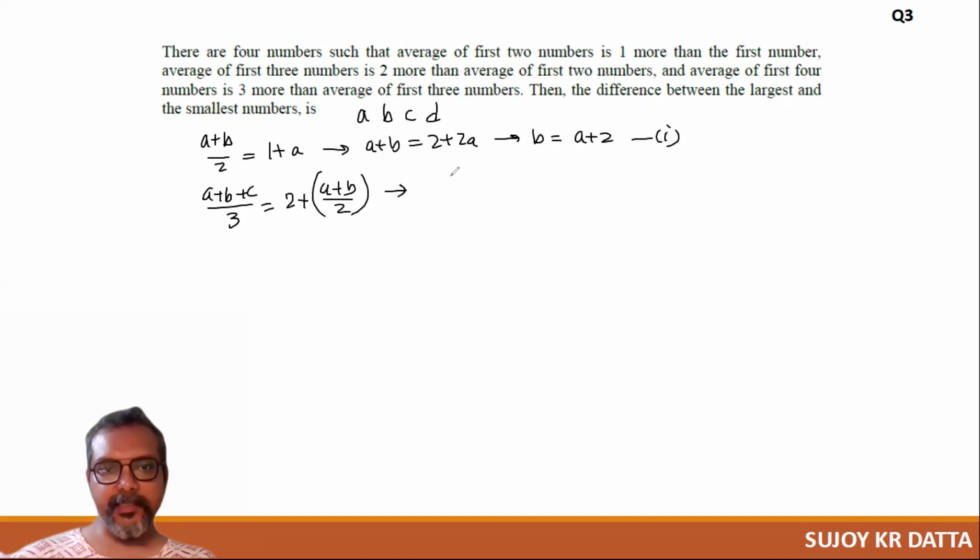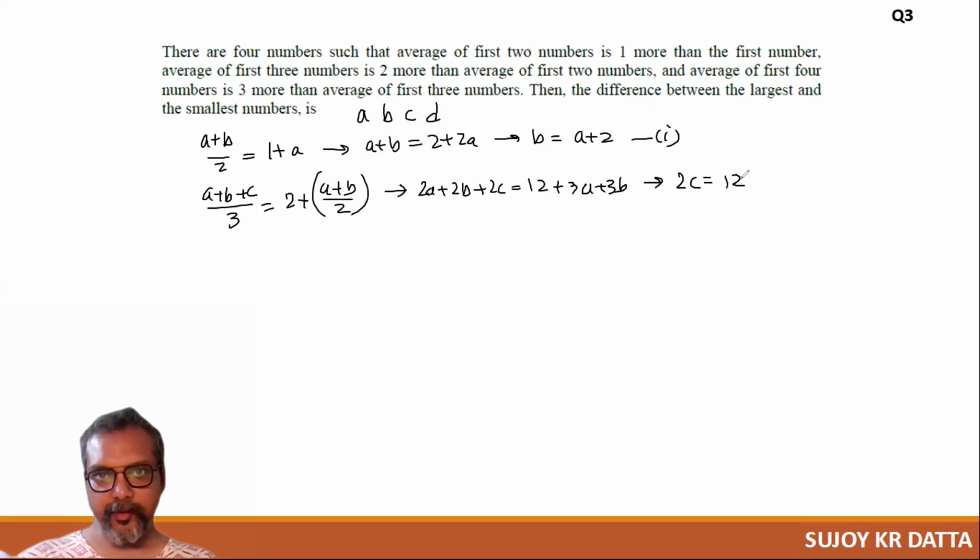So multiply throughout by 6. So 6 over 3 is 2, and you get 2A plus 2B plus 2C equals 12 plus 3 times (A plus B).